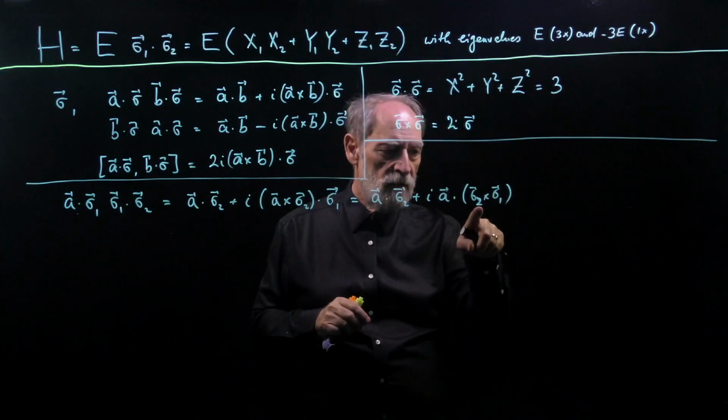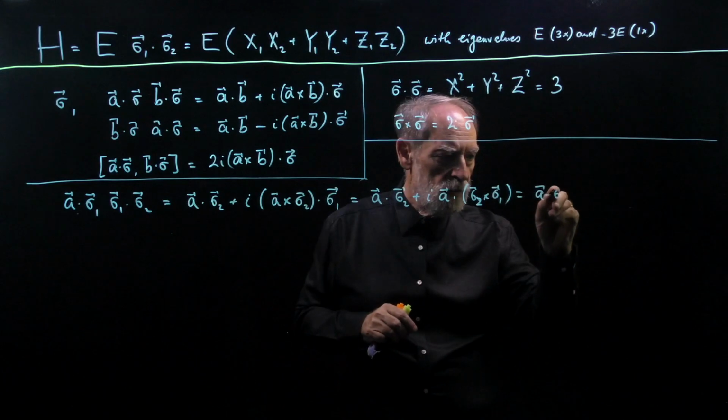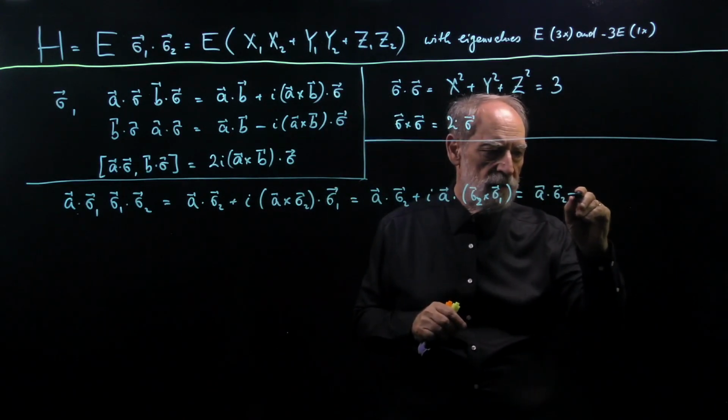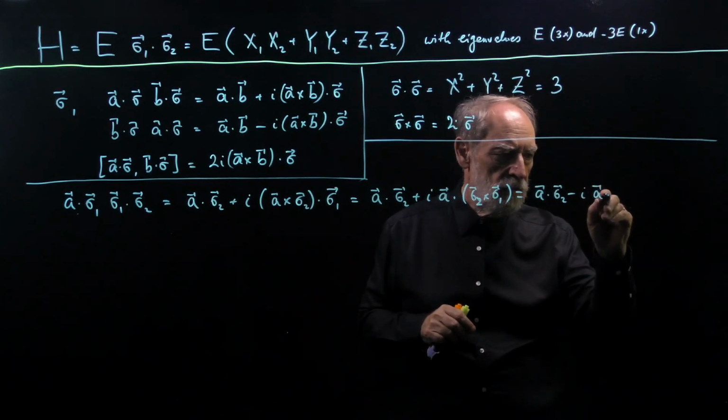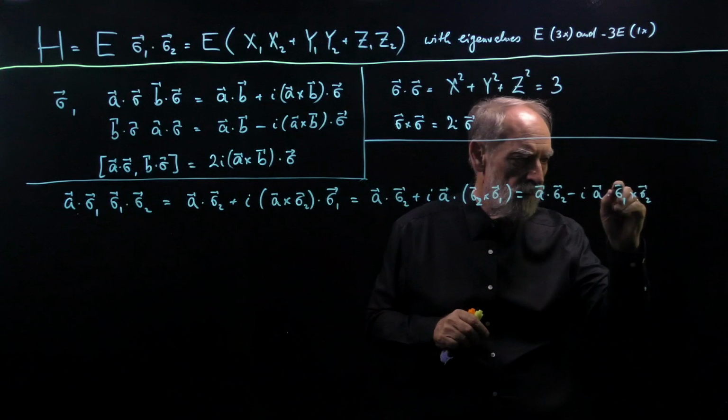So I can also switch to a dot sigma 2 and then have sigma 1 cross sigma 2, then I get a minus I a dot sigma 1 cross sigma 2.